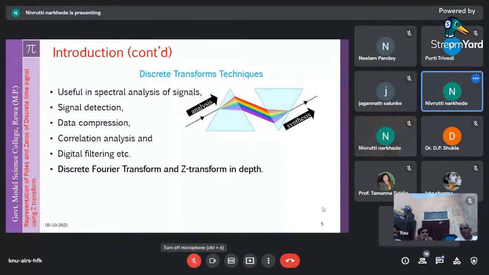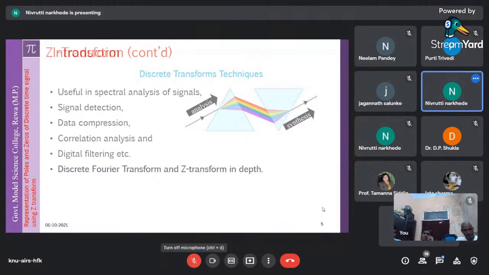That process requires mathematical transforms, like the fast Fourier transform, Z transform, etc., which are very useful in the spectral analysis of signals, signal detection, data compression, data analysis, correlation analysis, digital filtering, etc.